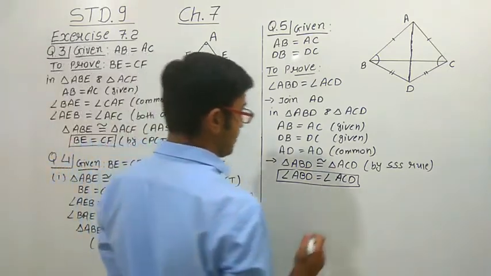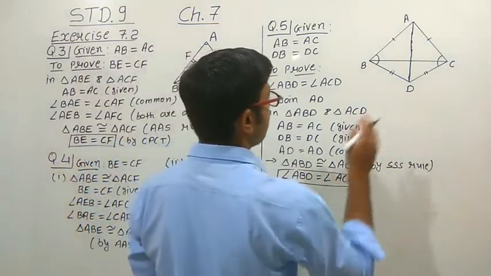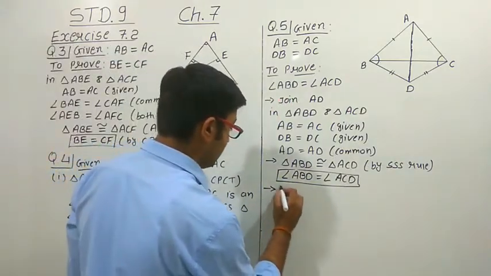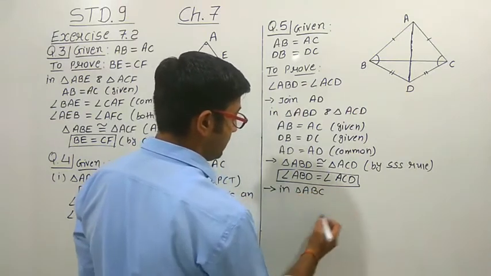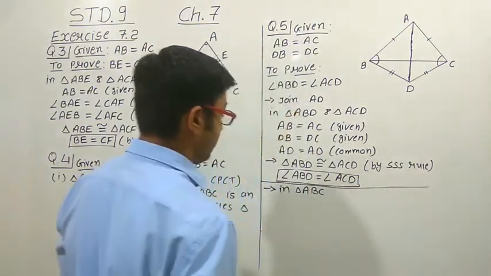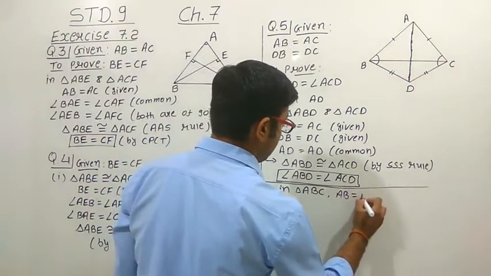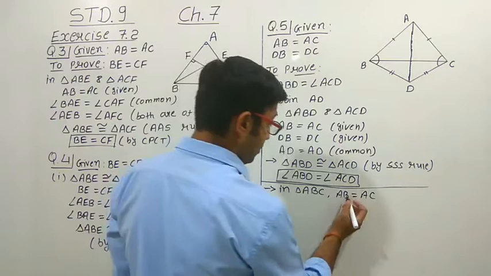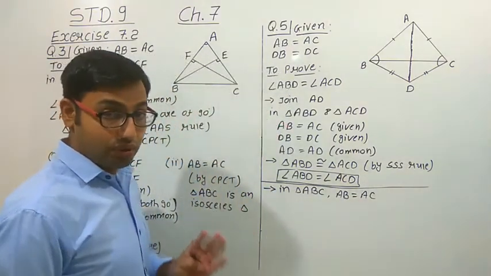What is the other method? See, now consider only the triangle ABC. This is the second method. In ABC, we are given that AB is equal to AC, right? So in a triangle, if two sides are equal, then their opposite angles are also equal, that we have already studied.